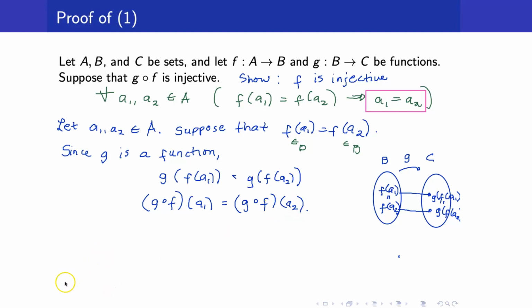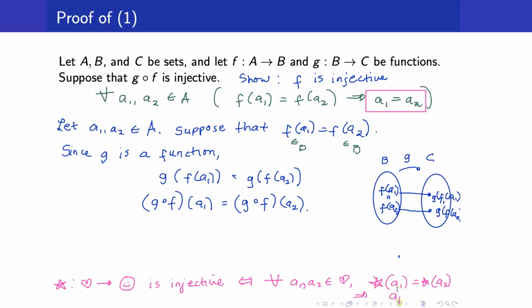Let us recall the definition again of an injective function. I will make it star. So remember, we have star. Let's say this is from heart to smiley. This is injective whenever, for all elements in heart, if the images are the same, always remember that if the images are the same, then the pre-images must be equal.